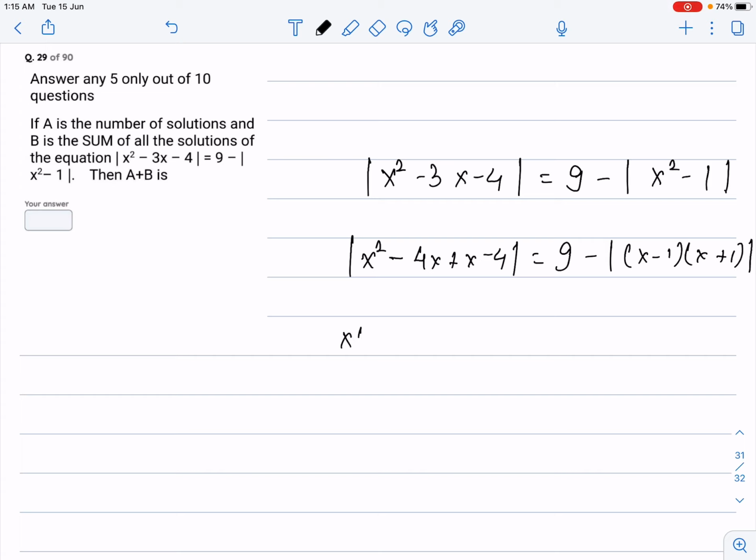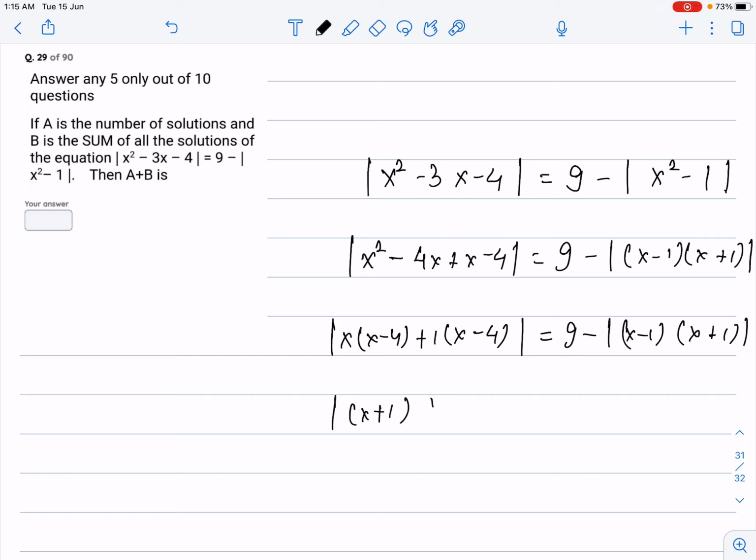So it will be written as x into x minus 4 plus 1 times x minus 4 in the mod, is equal to 9 minus mod of x minus 1 multiplied by x plus 1. That will be mod of x plus 1 multiplied by x minus 4, is equal to 9 minus mod of x minus 1 multiplied by x plus 1 in the mod itself.